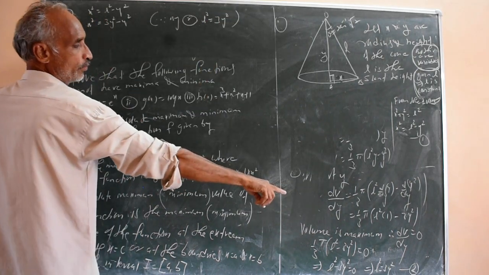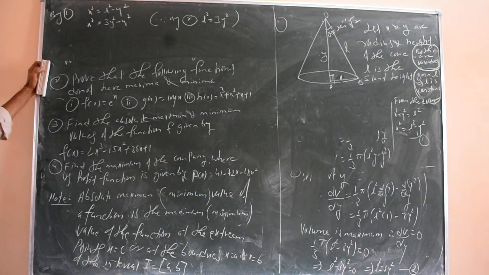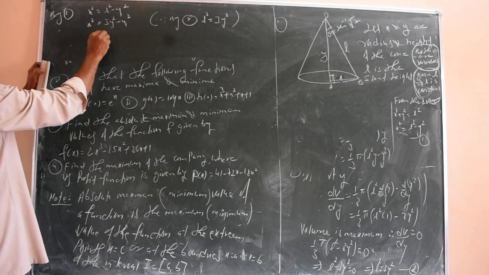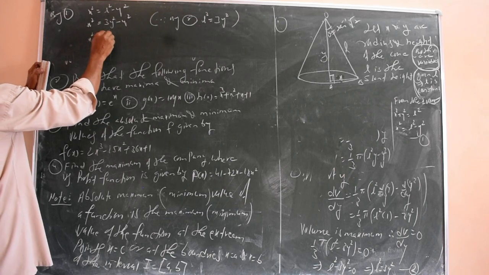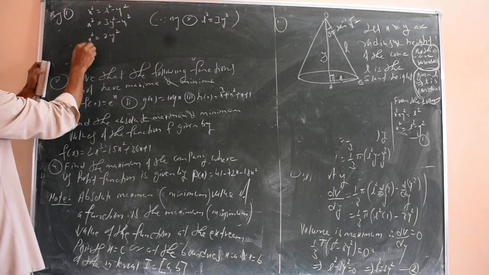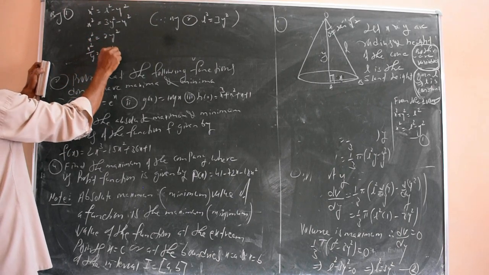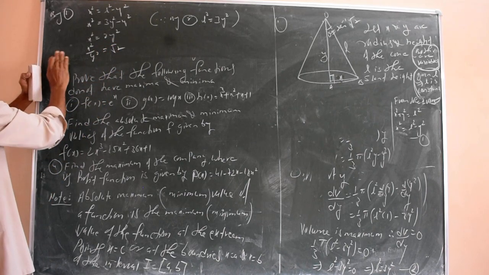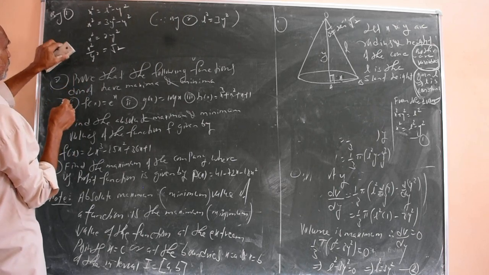Substituting, x square is equal to 2y square. That is, x square by y square is equal to 2. Taking square root, x by y.